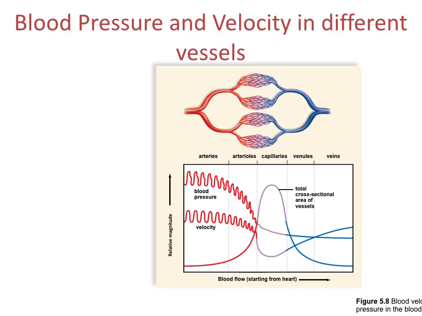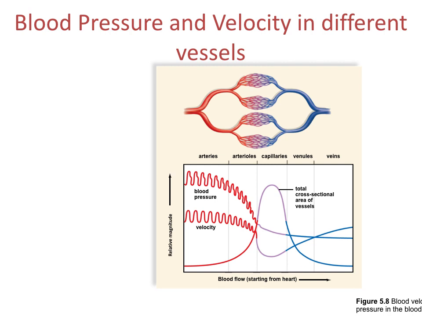And finally, the last thing I'd like to cover in this video is how blood pressure and velocity differ in different blood vessels. So this is a very useful diagram that I want you to be able to interpret. First, let's just focus on the bottom part. Let's look at the x-axis.